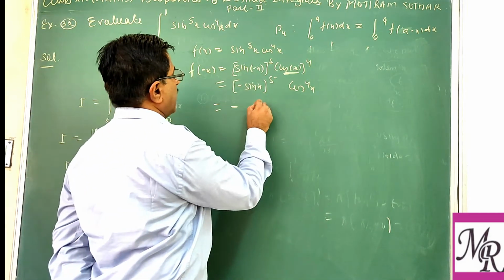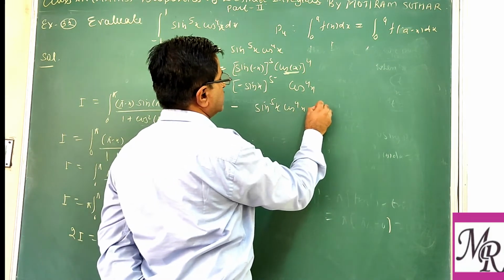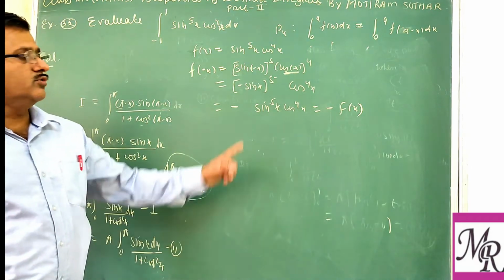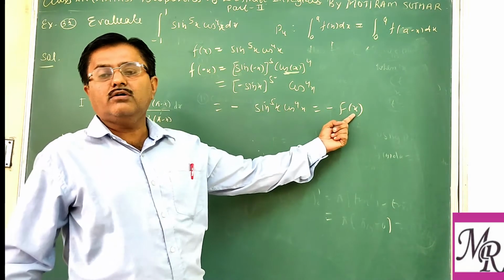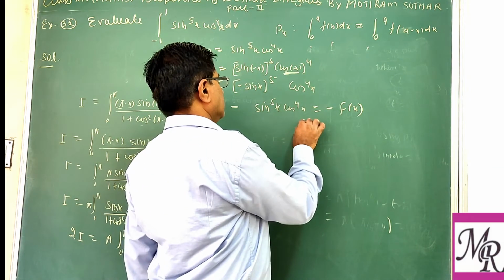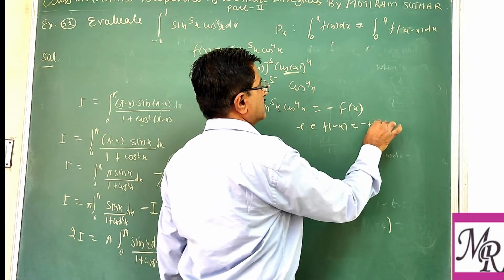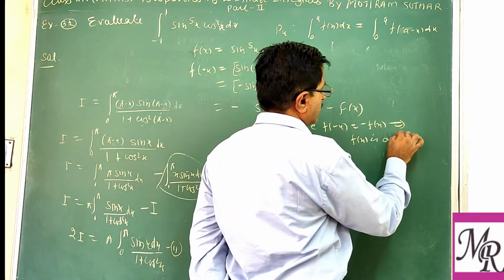So we get minus sin power 5x cos power 4x, which is the negative of the function. So f(-x) is equal to -f(x), which means f(x) is an odd function.